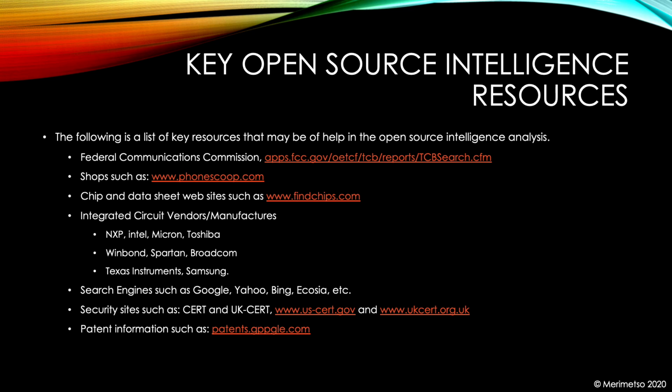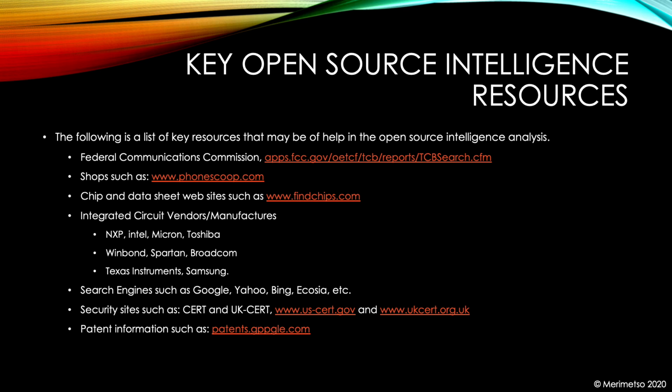We can also look at the manufacturers of the integrated circuits itself, Intel, Micron, Toshiba, Winbond, etc. These sites will contain data sheets and may contain product information. Of course, we shouldn't forget search engines such as Google, Yahoo, Bing and Ecosia. And here I want to have a little shout out for Ecosia and saying for those of you that want to save the planet, you should really be using Ecosia.